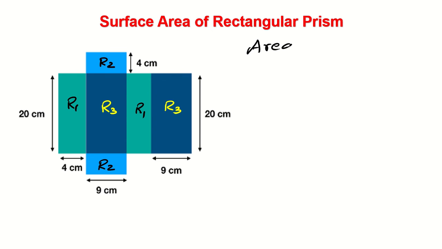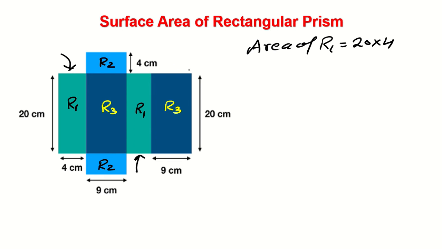So area of rectangle 1 is equal to, what is the formula for area of rectangle? Base multiplied by height. And why am I multiplying by 2? Because we have two rectangles, 1 and 2. Okay. If you don't want to multiply by 2, if you think it is confusing, don't multiply here.